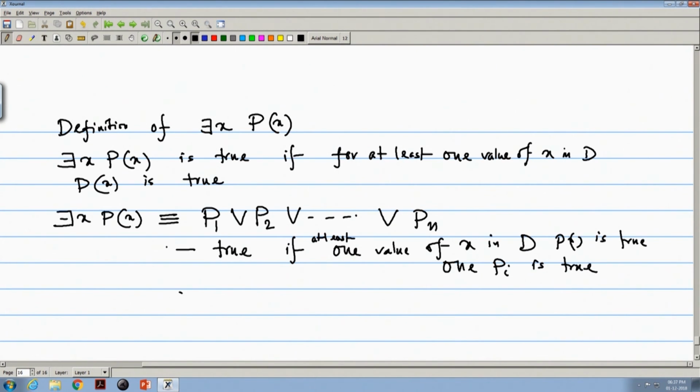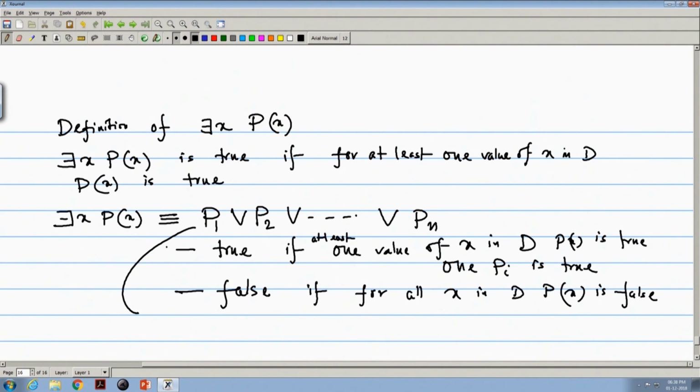And it will be false if for all x in D, P(x) is false, that means all Pi's are false. That means this disjunction P1 or P2 or Pn is false.